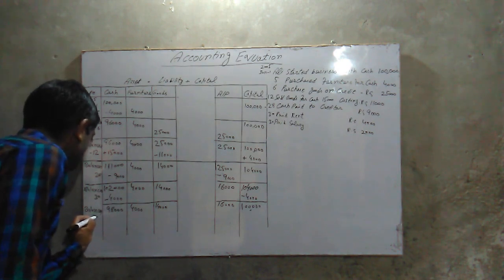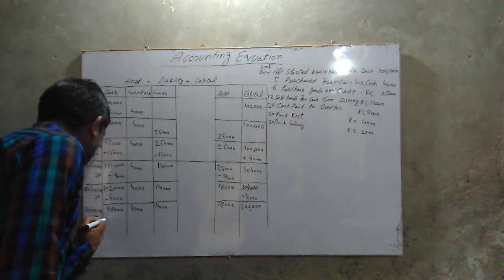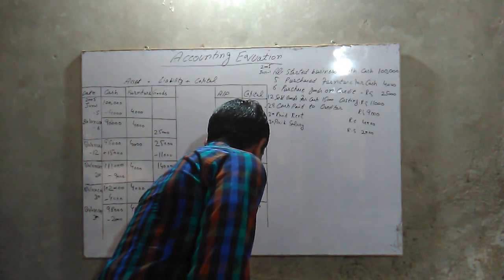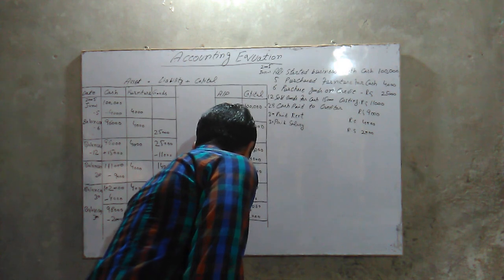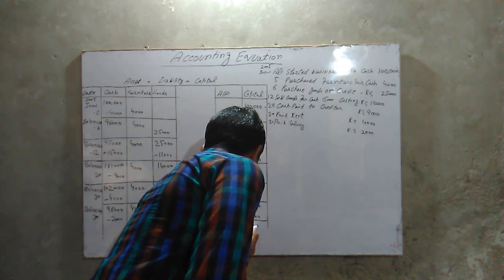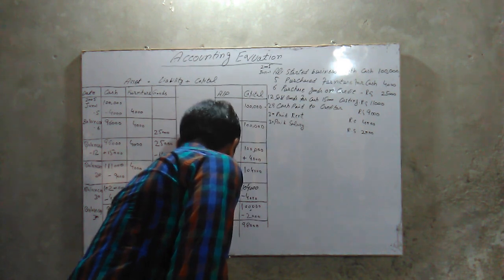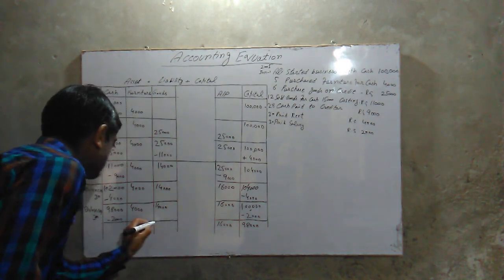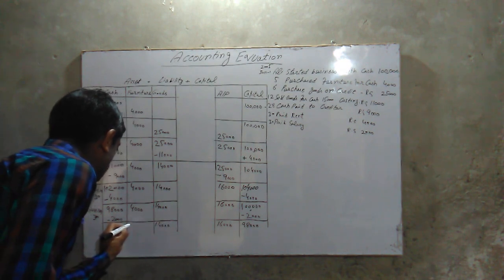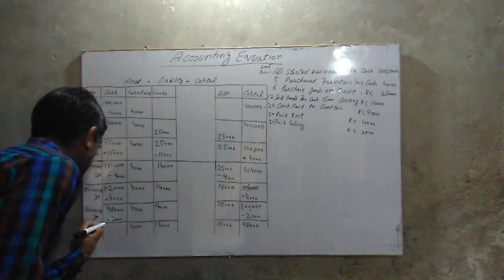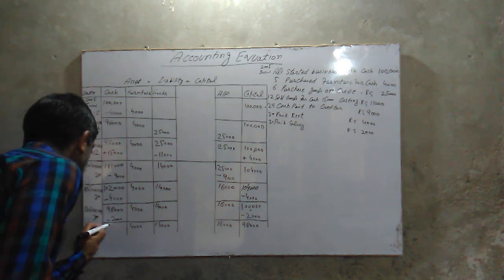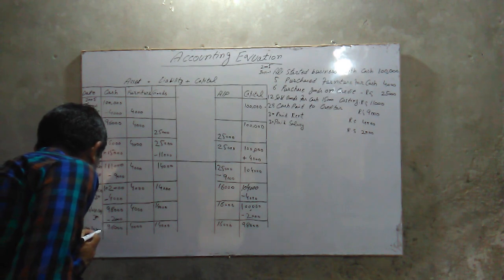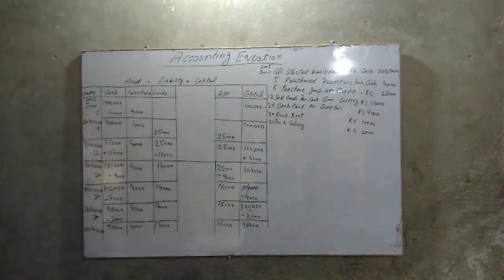On 30th, salary 2,000, minus 2,000 and minus 2,000. 98,000, 16,000 and 14,000, 496. This is our balance sheet.